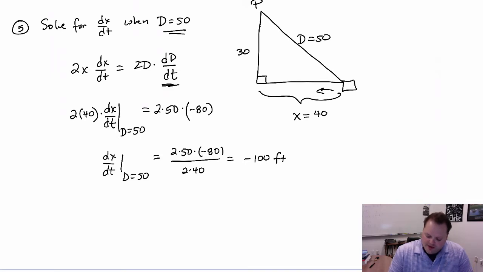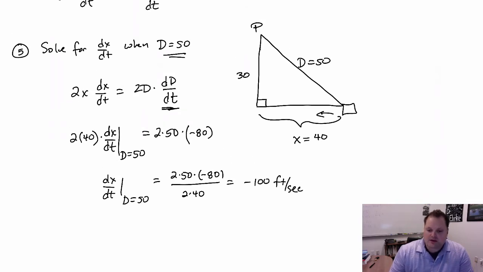And this would be feet per second. Now keep in mind, it makes perfect sense that the answer is negative 100, okay? Because this distance is decreasing over time, and that's my speed along the road. So the rate of change of this distance should be negative. We should be closing in on the police car's position, thus decreasing the length of the x distance.